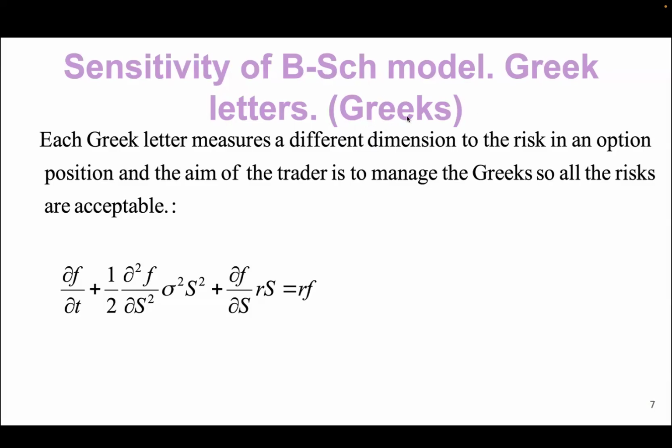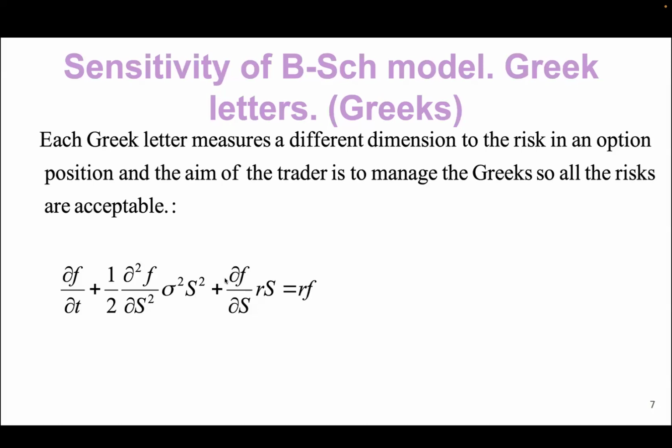Each Greek measures a different dimension of the risk in an option position. All that you can see in the Black-Scholes differential equation, for example, the derivative of f with respect to time, is in fact the change of the payoff function with respect to the change of time.